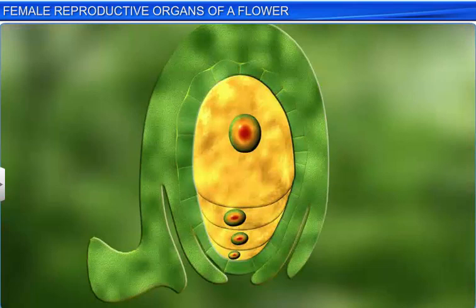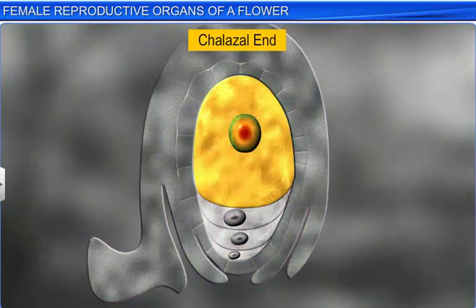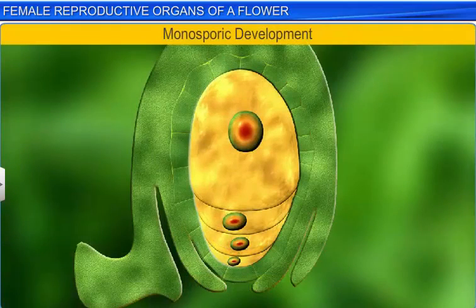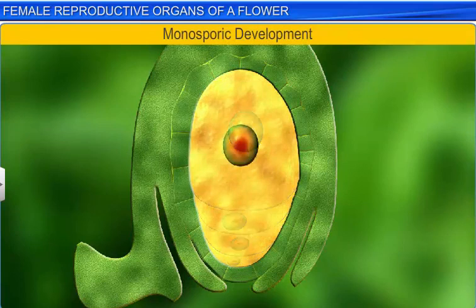Of the 4 megaspores, usually the one near the chalazial end becomes functional, whereas the other 3 near the micropylar end degenerate. The functional megaspore enlarges and simultaneously undergoes mitotic division to form an embryo sac.